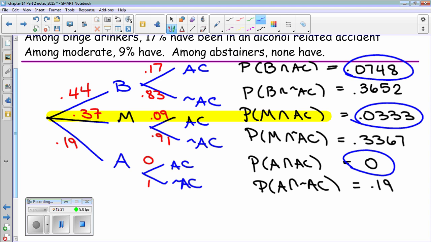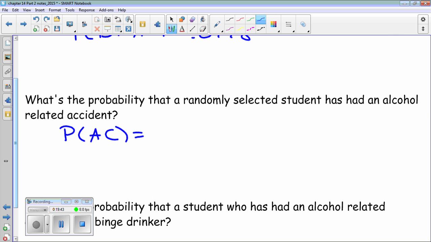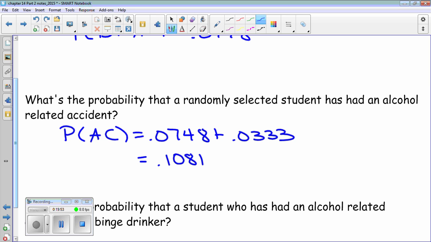Those are all the ones where you either have a binge drinker in an accident, moderate drinker in an accident, or abstainer who has an accident. It's one of the 3. So 0.0748 and so hang on. 0.0748 plus 0.0333. And what'd you get, Matthew? That one? Okay, good.